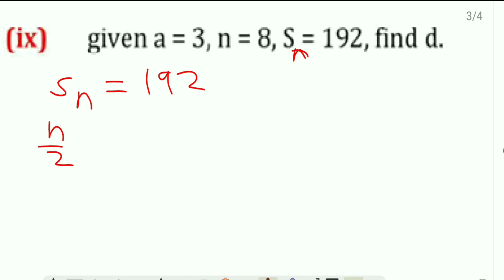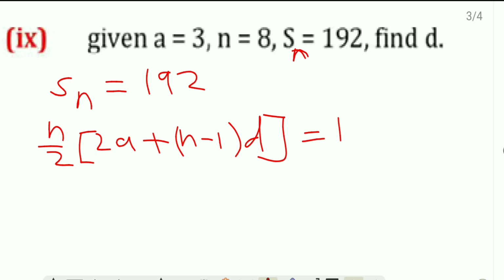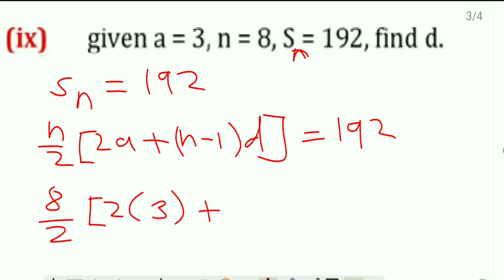So n by 2 in the bracket 2a plus n minus 1 into d, which is equal to 192. Let us substitute the values here. n they have given us 8. 8 by 2, 2 into the value of a which is 3, here 8 minus 1 will become 7, the value of d we don't know, which is equal to 192.